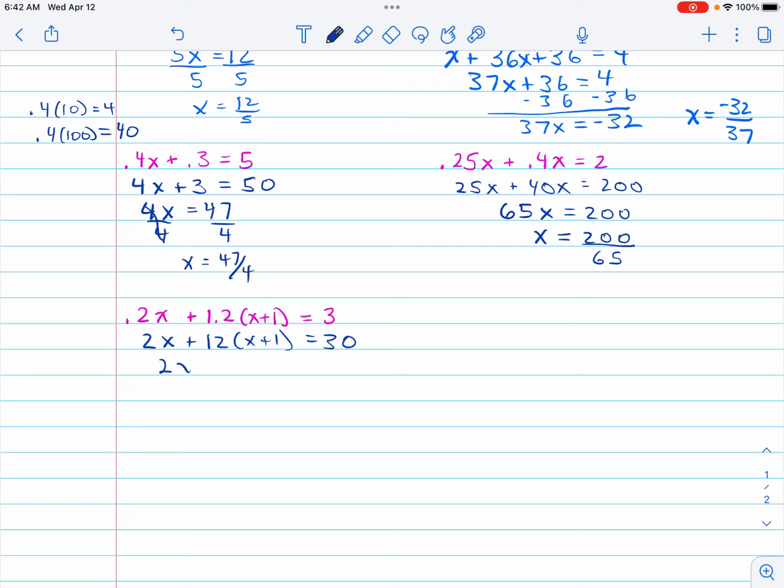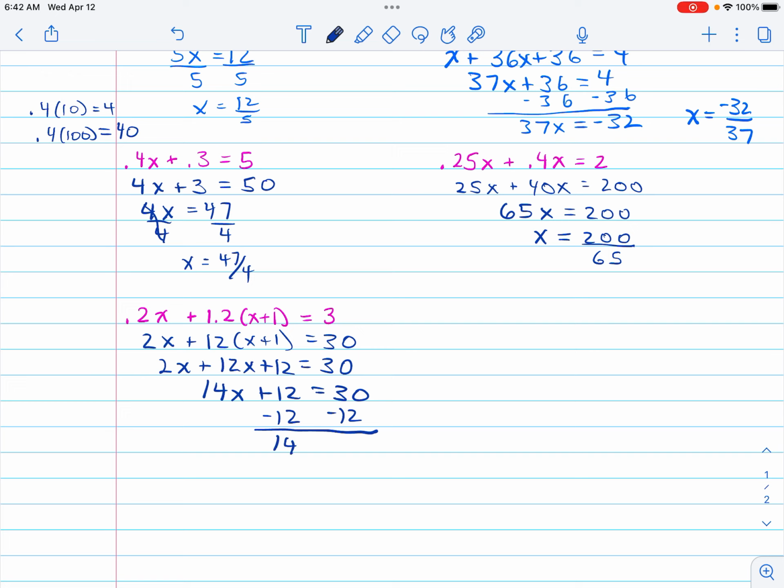I've got 2x, clear my parentheses. Gather my like terms. Isolate the x term, so I'm going to subtract 12 from both sides.